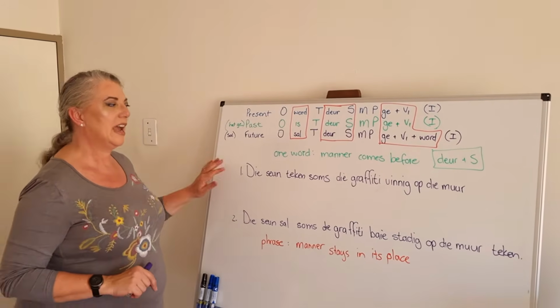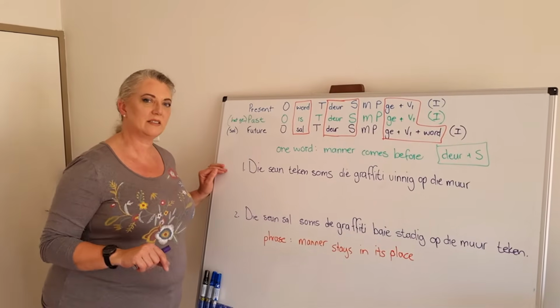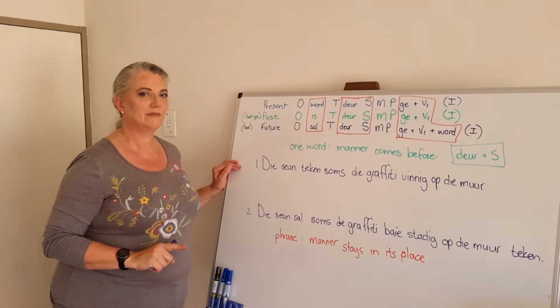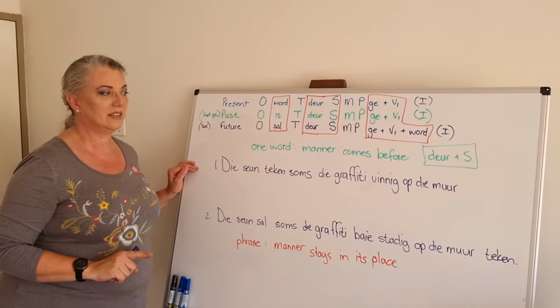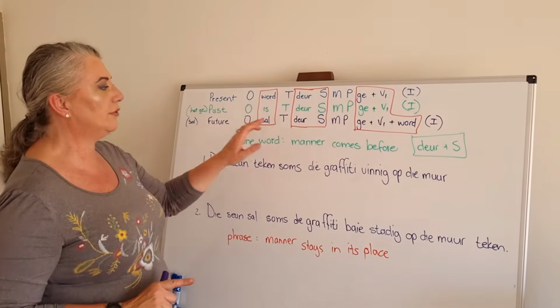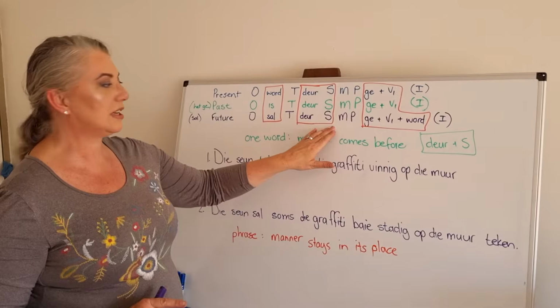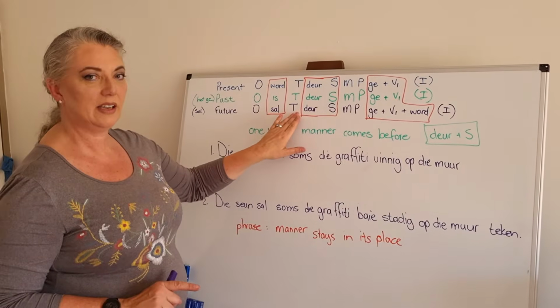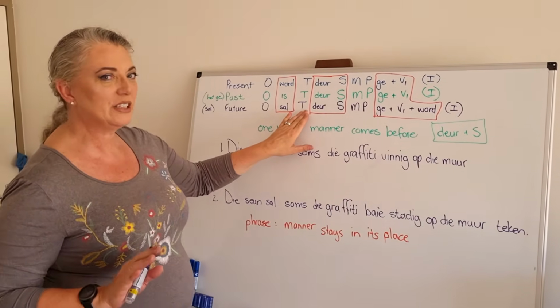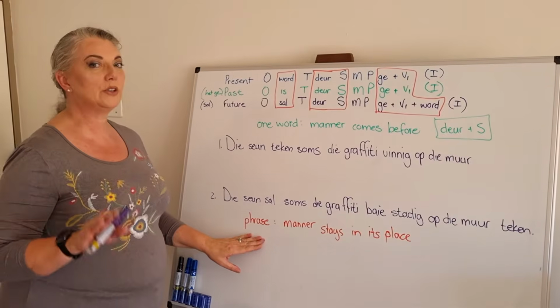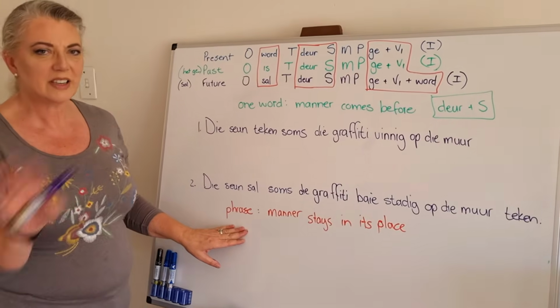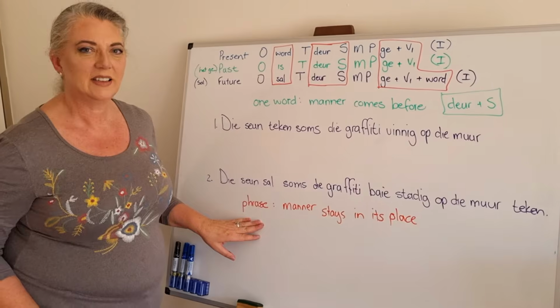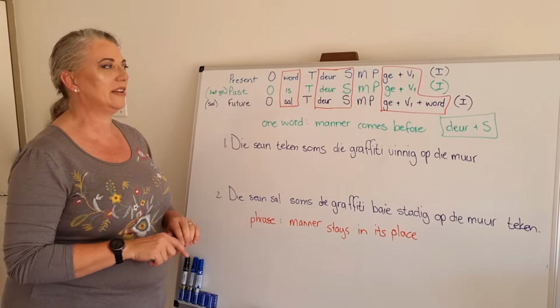Let's have a look. If the manner in a sentence is one word, it changes its place. It comes just before deur and your subject. So it comes in here. But if it is a phrase, in other words, more than one word, it stays in its place. So just remember that.